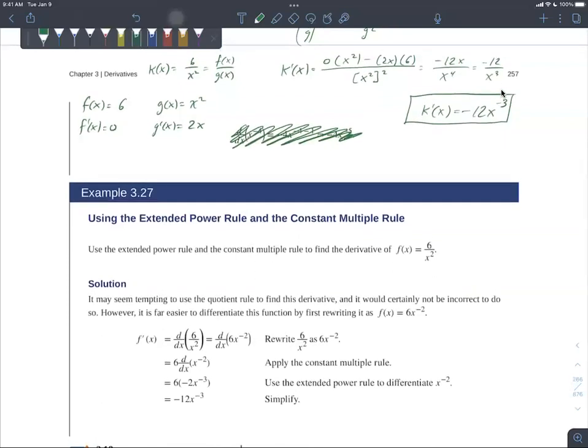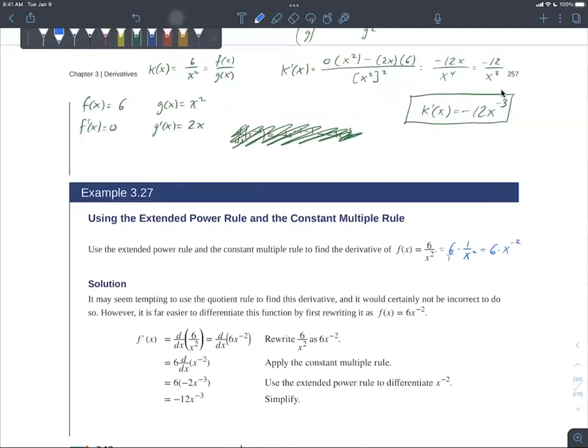Sometimes, if you take a close look at this function here, 6 over x squared, you can write it in the form 6 times x to the -2, which in this case we can. Just in case somebody's not seeing it, this is 6 times 1 over x squared, or 6 over 1 times 1 over x squared, and that's just 6 times x to the -2.